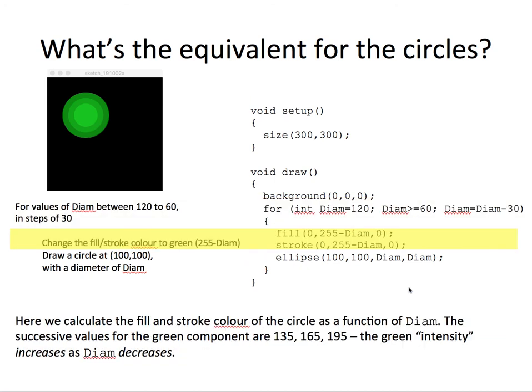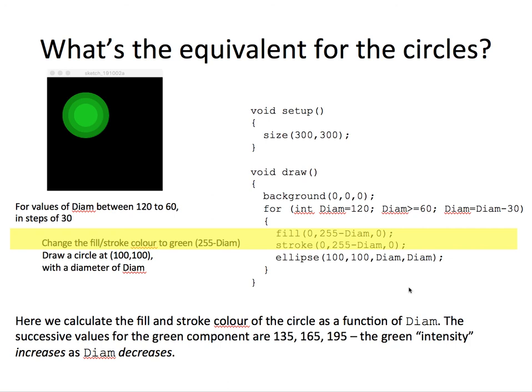This is how we relate the value of diam to the color. You'll remember that for each of the 3 RGB components, when we specify a color, the intensity or strength of the color is expressed in the range 0 to 255. So 255 is the most blue, the most green, the most red, and 0 is the least.